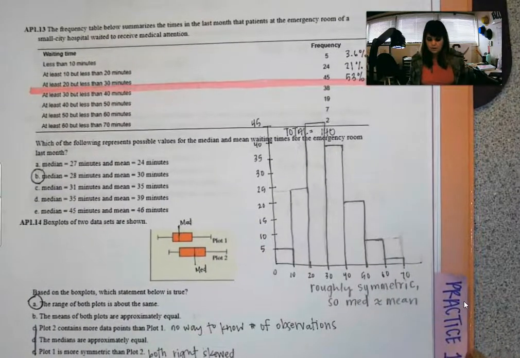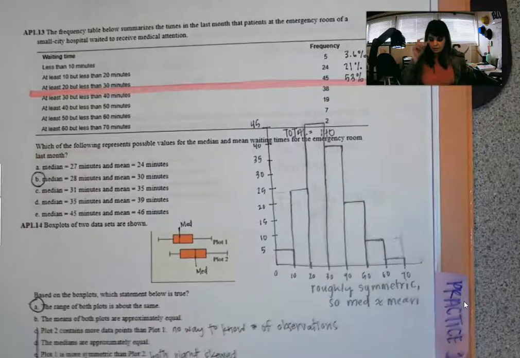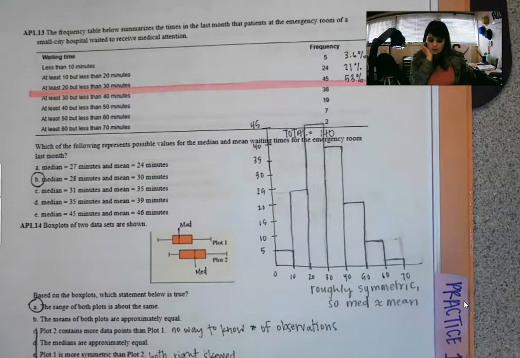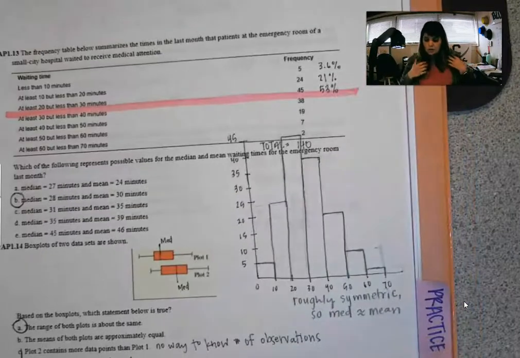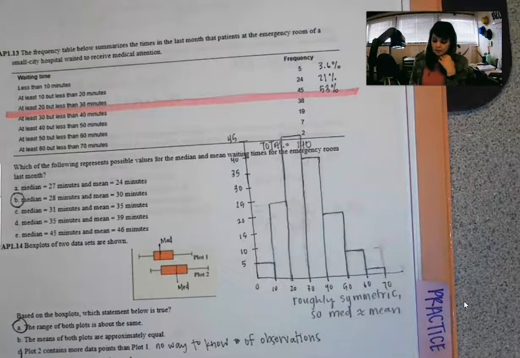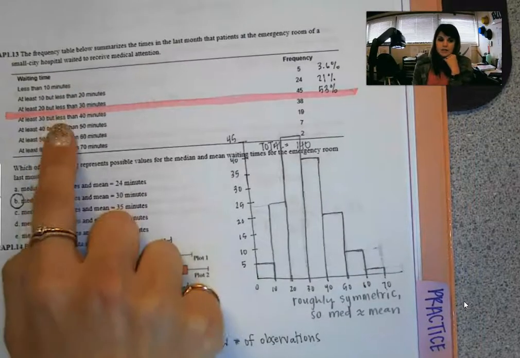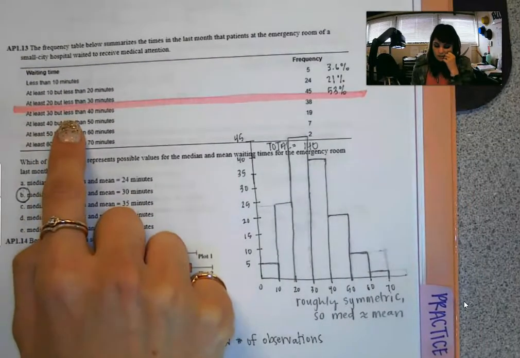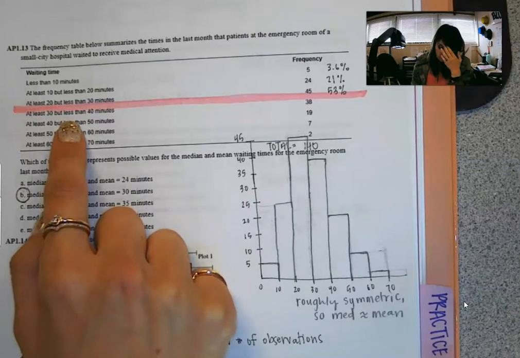So on number 13, this one was a little bit harder for me. If you look close, you can see that I was deciding between A and B. So we have to keep in mind on this set of data that the median or the middle of the data set is going to be where 50% is above the line or the median and 50% is below.